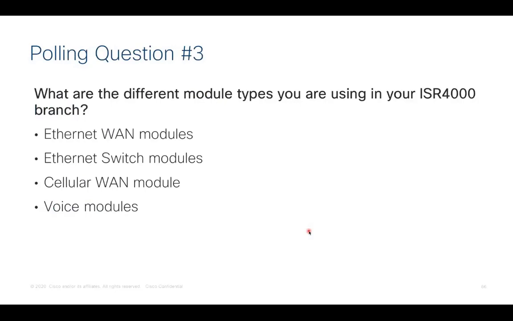We have ISR 4Ks, and now we have the new 8300 series platforms. So it would be good to understand what are the different modules that you have with your ISR 4K positioned at your branch locations. And you have 20 seconds more to complete this polling question.